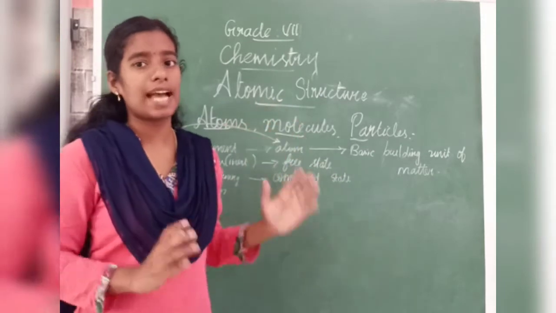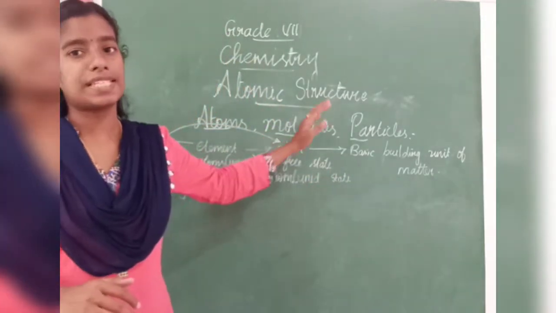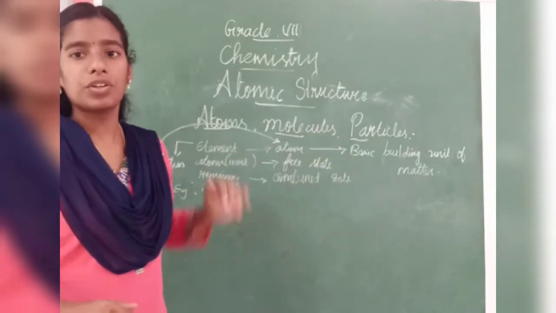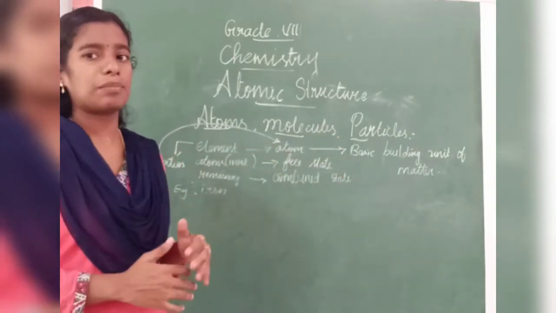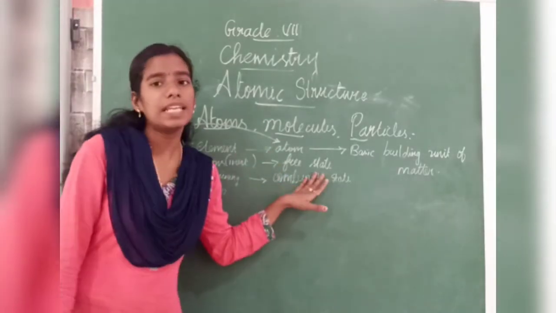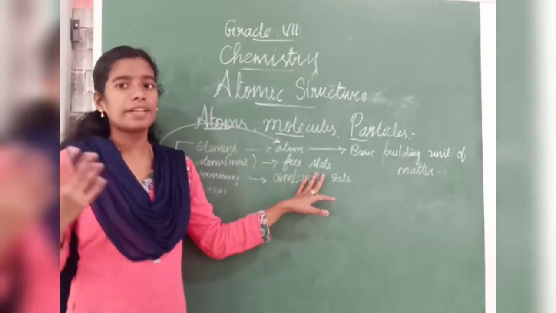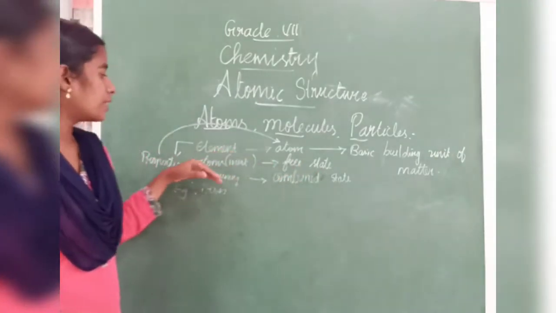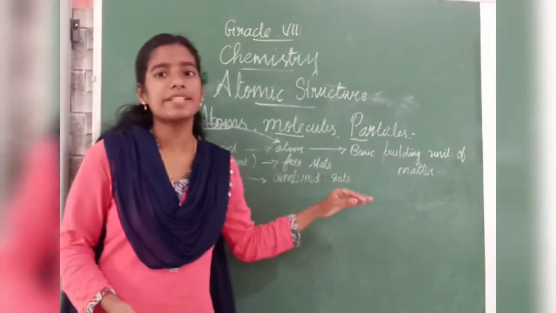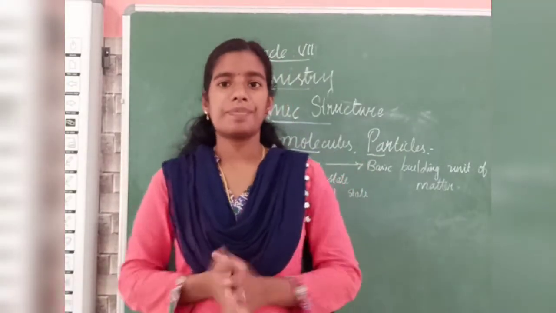These inert gases occur in free state. Other than these inert gases, all the elements occur in combined state. Clear? Out of 118 elements, the inert gases occur in free state and other elements occur in combined state.